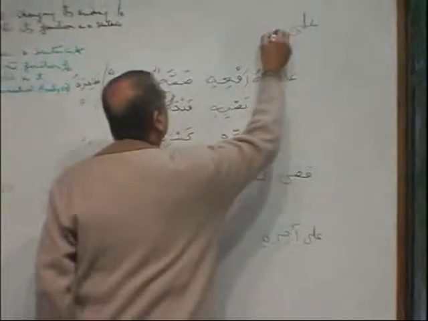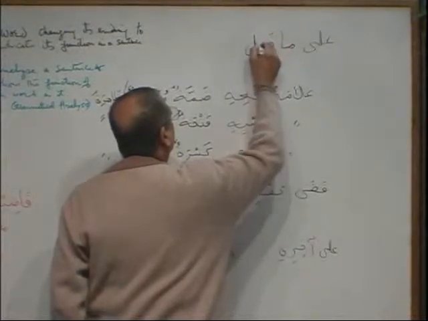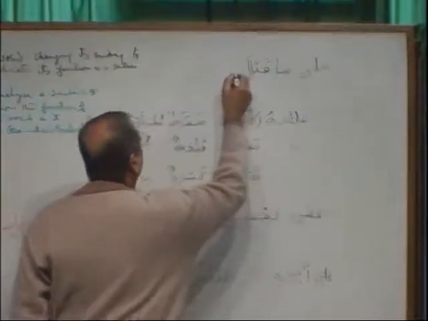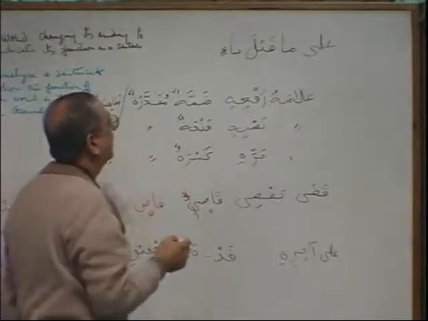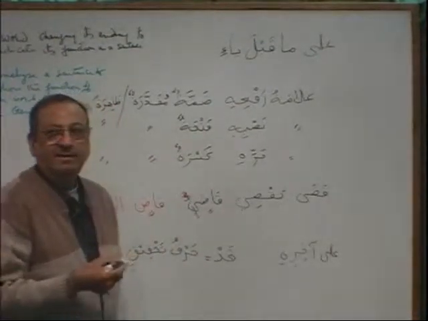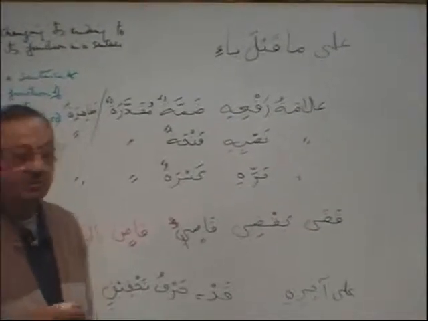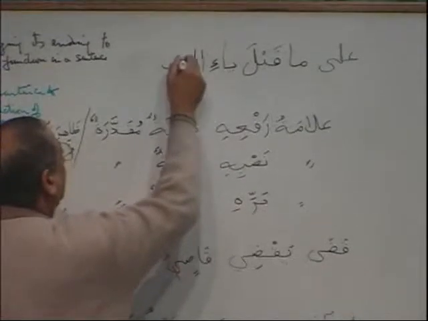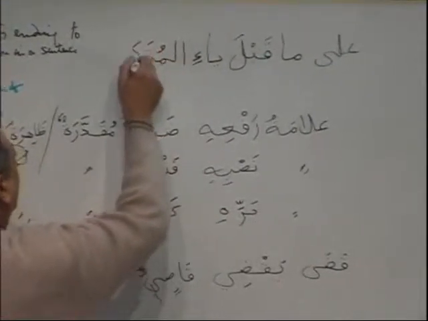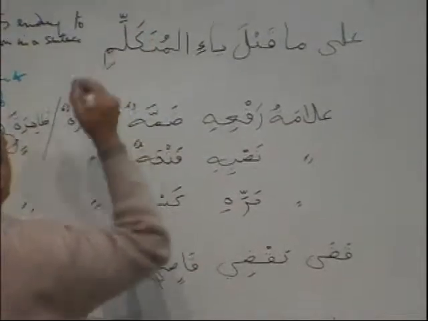Ala ma qabla. See, qabla came. Then the next noun has to be mudaf ilayhi, majroor. So it became ya'i and then mutakallimi.